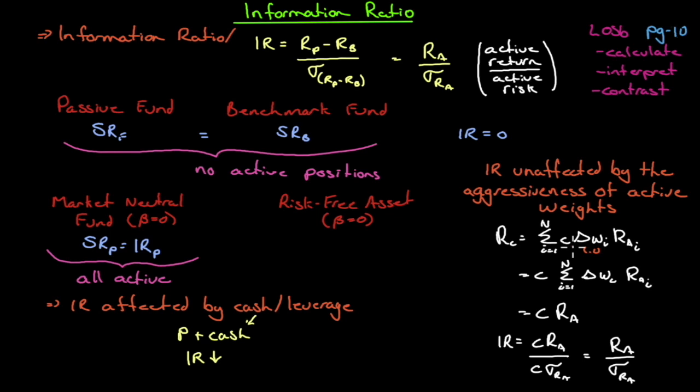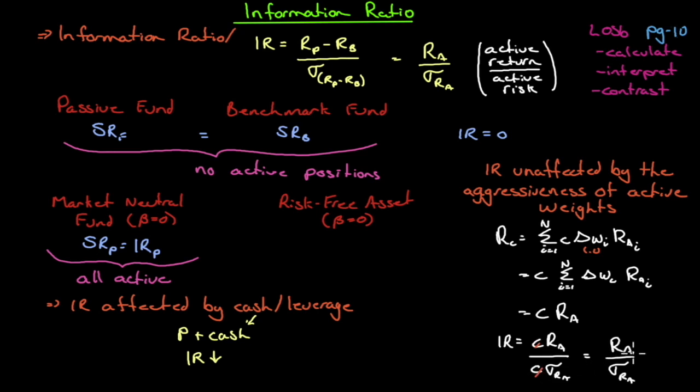If we want to take on more risk, then we need to dial up our over and under weightings, right? So look what happens with this. Since this is a constant, it can come outside. What do we have in here? This is just active return in here. So it's C times the active return, and the information ratio is C times the active return over C times the volatility, because if we double the active weight, you double the volatility.